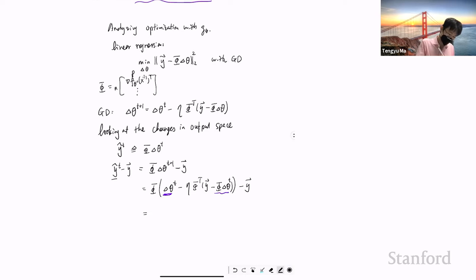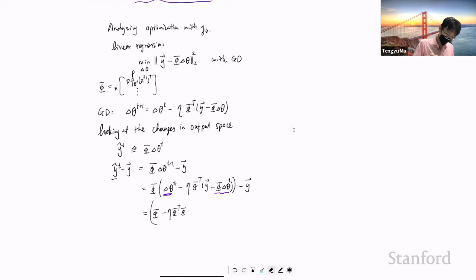So you get phi minus eta phi transpose phi. I think I'm missing something here. What's wrong with this? One moment, sorry. Yeah, okay, I think I'm right.